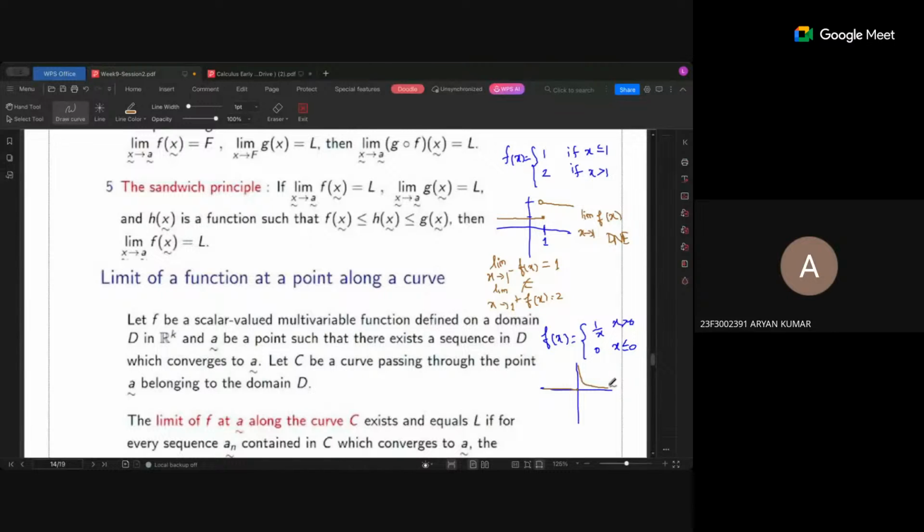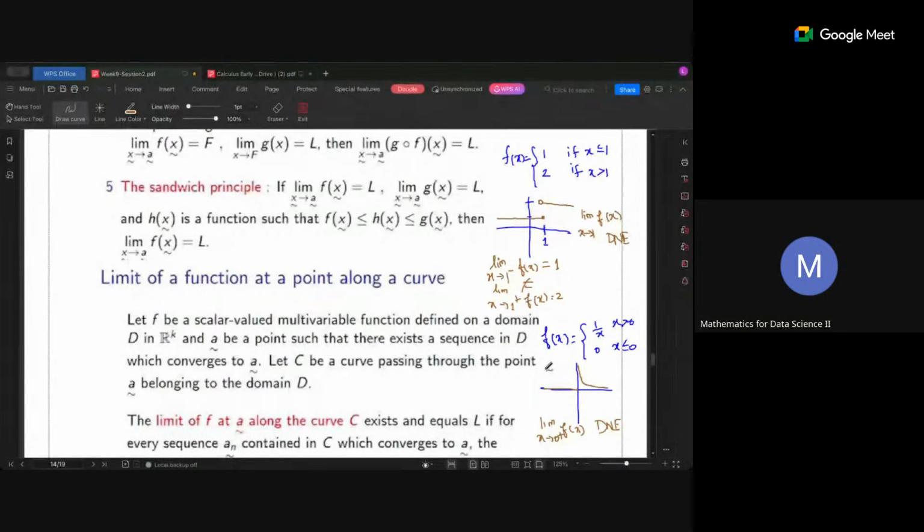So if it is like this, what happens to the left hand limit and right hand limit? First of all, do they exist? No, ma'am. In this case the right hand limit at 0, does it exist? It goes to infinity, right? So you see that limit as x goes to 0 plus of f of x does not exist at all. So the limit of this function at 0 does not exist.